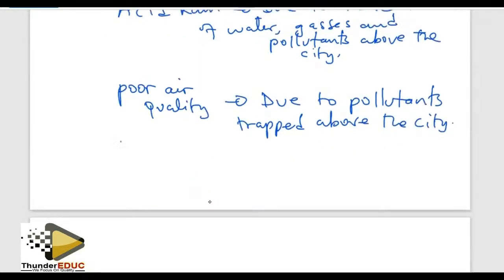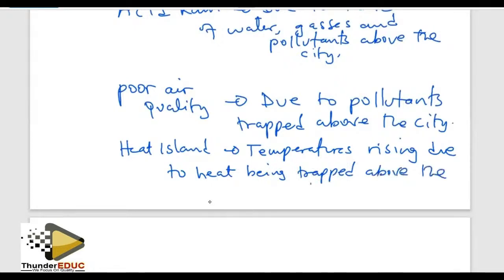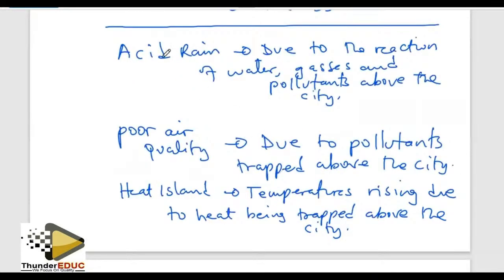Then heat islands, their temperatures are rising due to heat being trapped above the city. So all this could result into those factors mentioned.